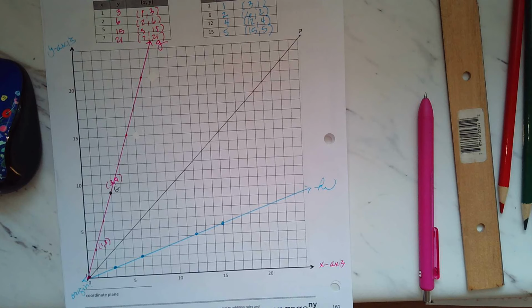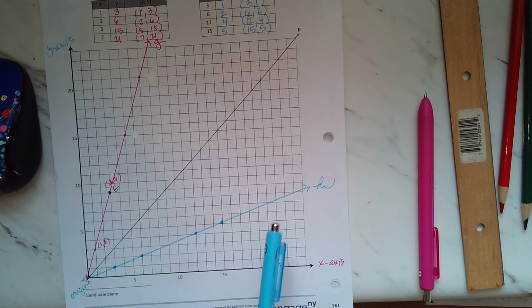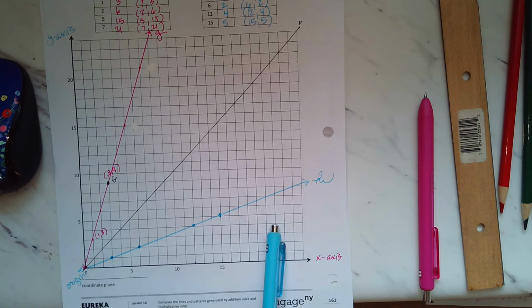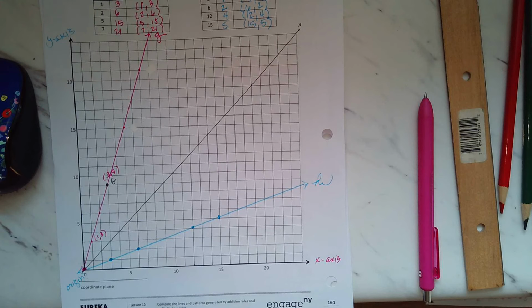Well, they're both described with multiplication rules, correct? However, line G's rule multiplies by a larger number than the rule for line H. But do you know what this reminds me of? This reminds me of the scaling work we did. Do you remember? The rule for line G multiplies by a number greater than 1.